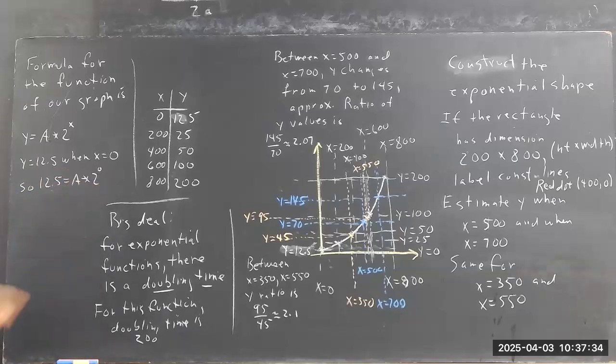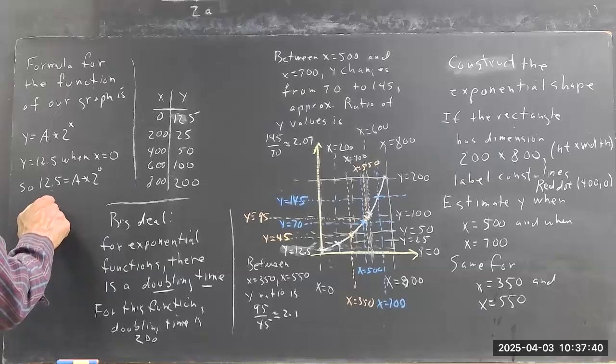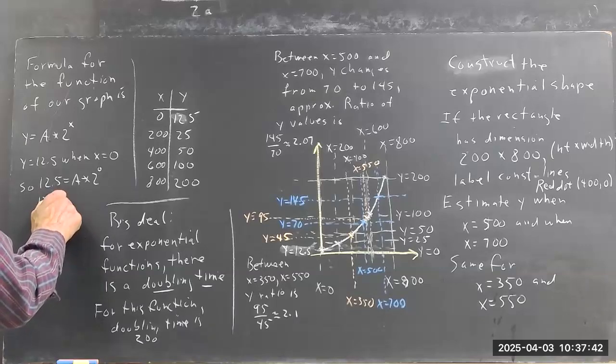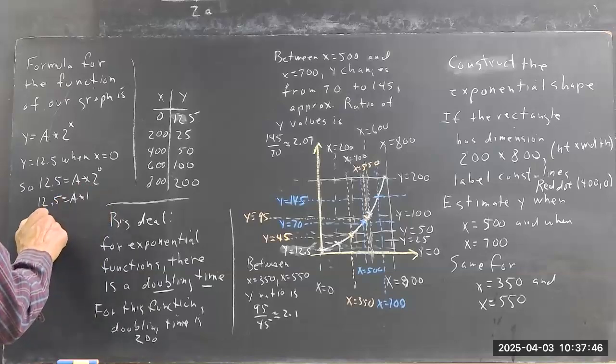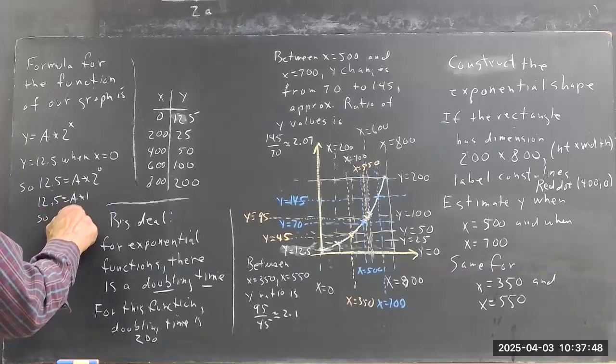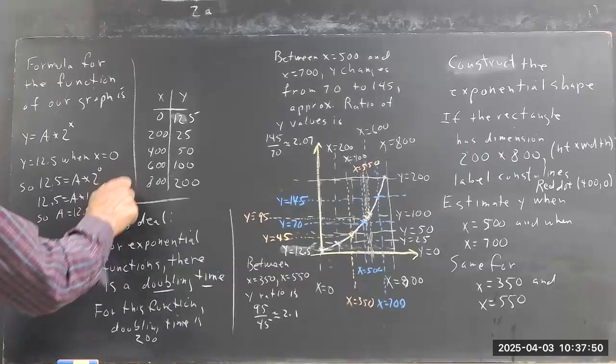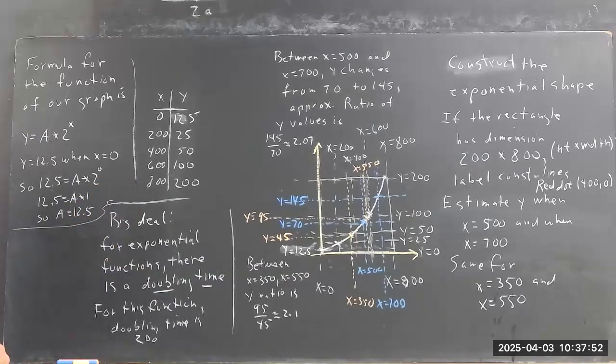Any number to the 0 power is 1. So a is 12.5.